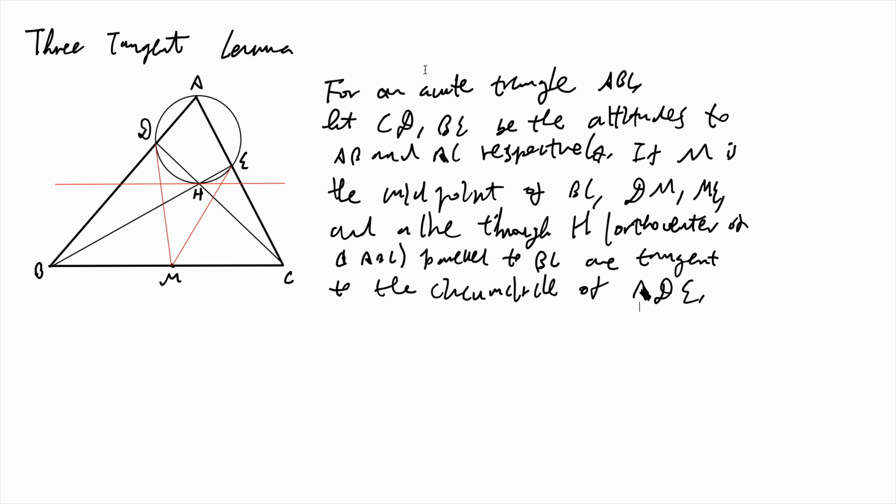So basically what it's saying is that following this construction method, these three red lines are tangent to this circle. So we're going to prove it today. How should we prove it?